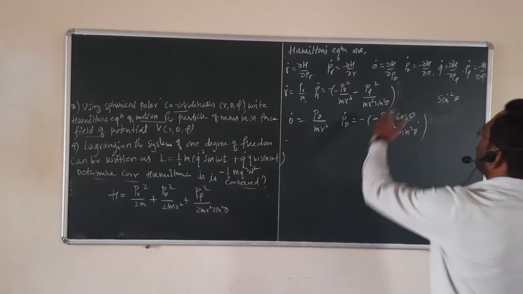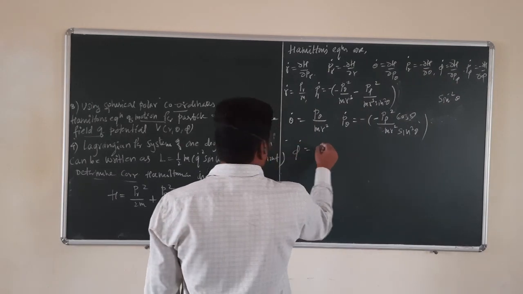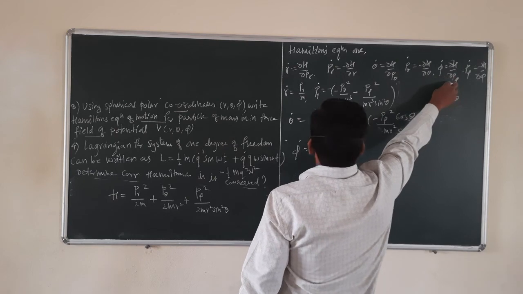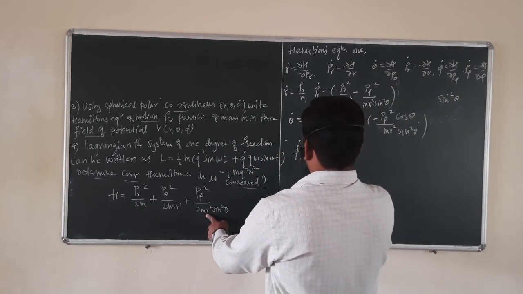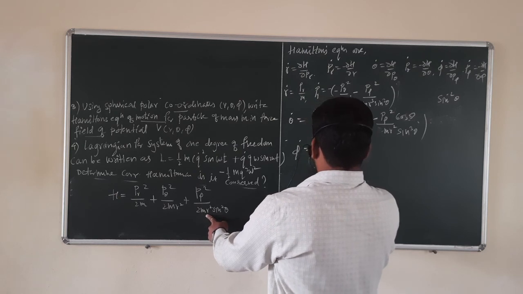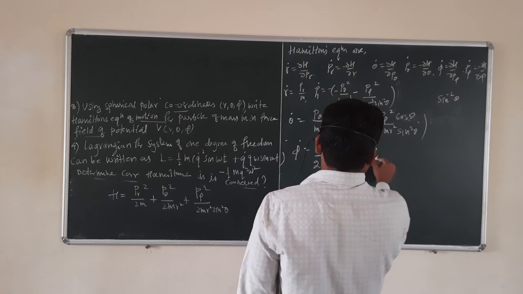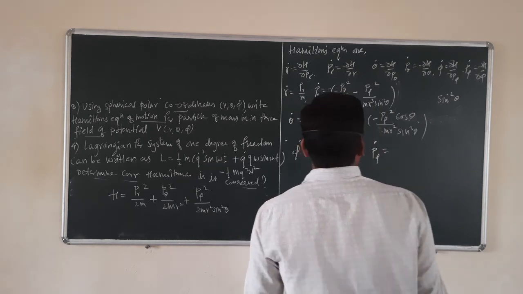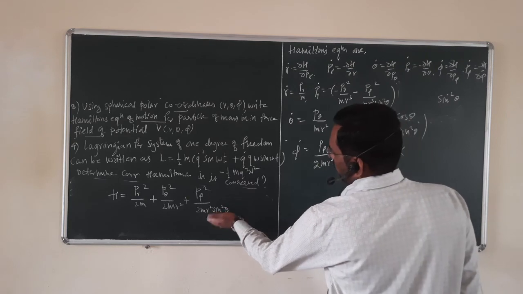Now the last one is for phi. First of all, phi dot is the partial derivative of the Hamiltonian with respect to p_phi. So that is p_phi divided by m r squared sine squared theta. And p_phi dot is minus the partial derivative of the Hamiltonian with respect to phi.